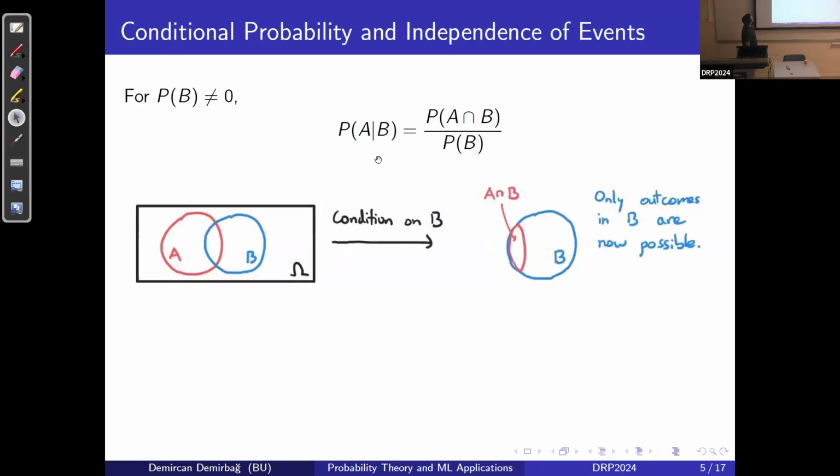Now, let's give the definition of conditional probability. This is read as the probability of A given B, and its definition is like that.